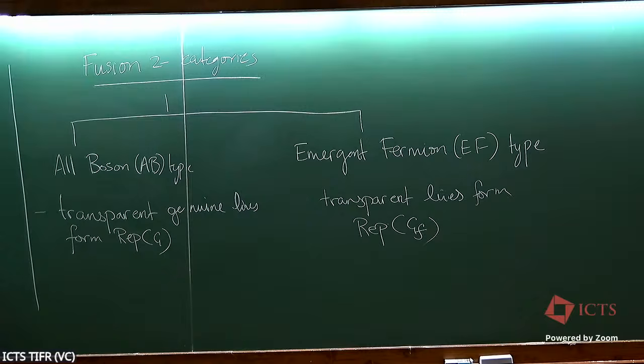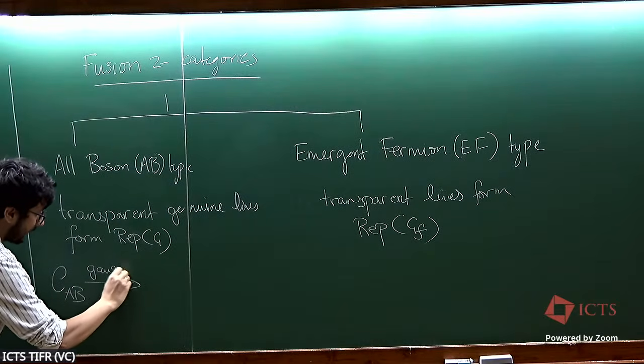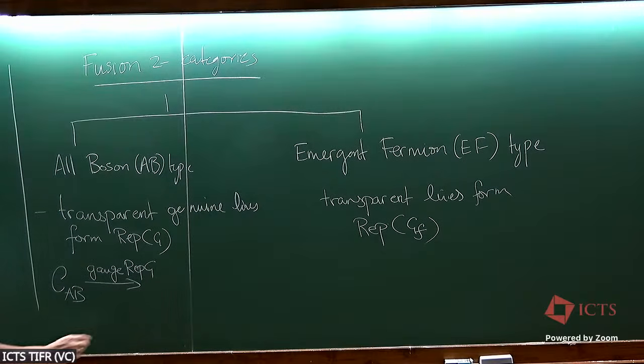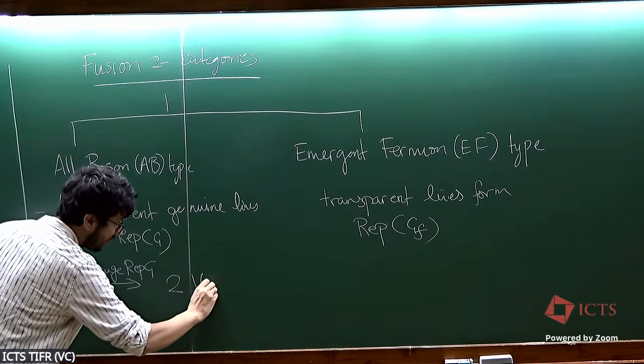And the nice thing is that what one can do is start from any category of this type and just gauge rep-G. So one could have gone back from the one-form symmetric model and gone back to the zero-form symmetric model. So you can gauge rep-G. It's non-anomalous. And doing so, one finds some category which is essentially like a group.